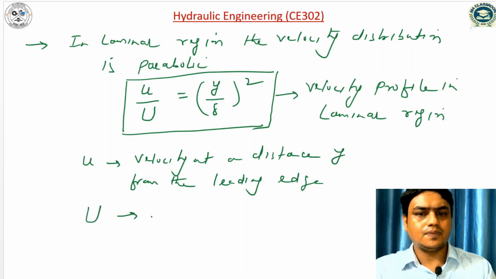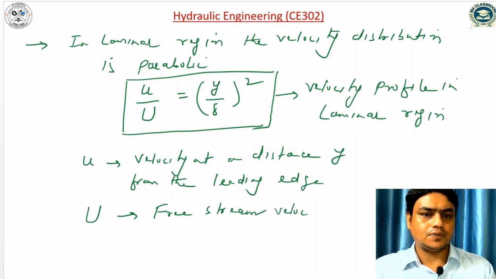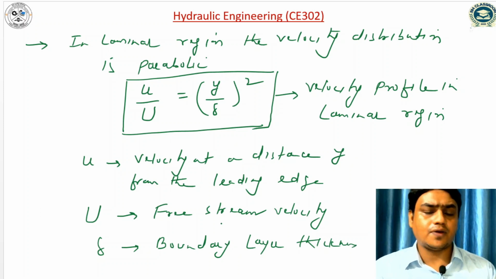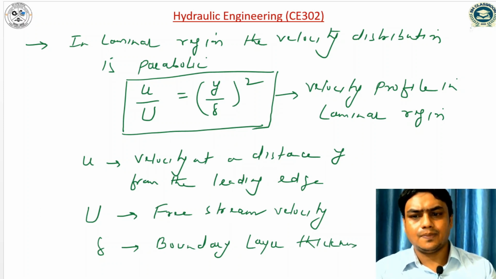Capital U is the free stream velocity. Delta is the boundary layer thickness. So this is the velocity profile we have seen.